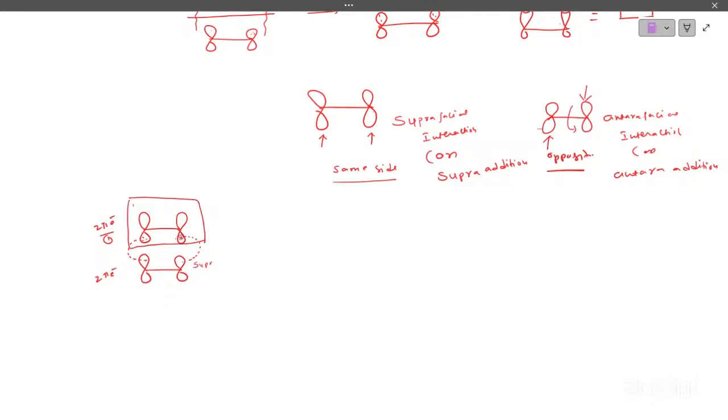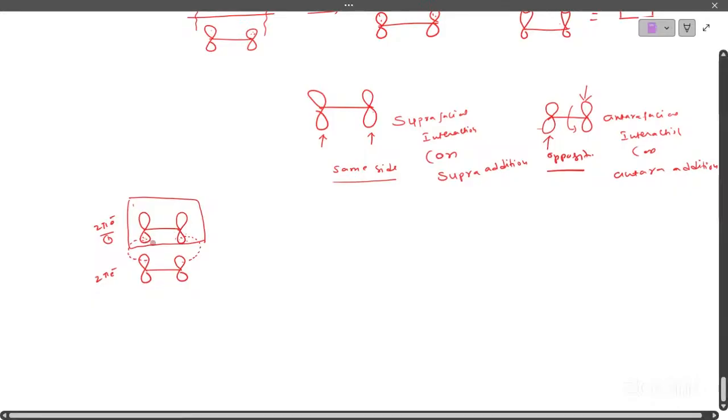Then coming to both, we compare it. With respect to the first pi system, both interacting lobes are on the same side.